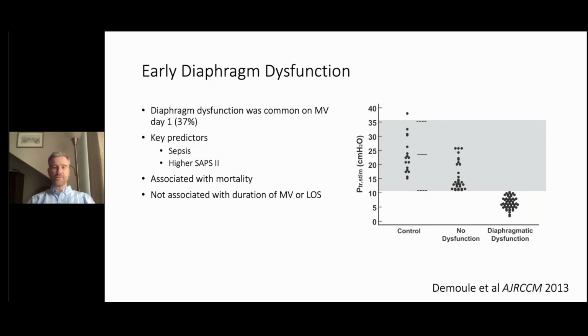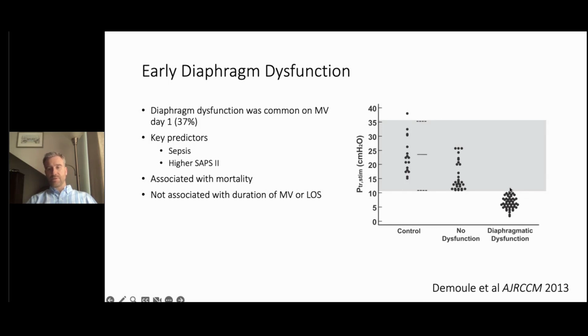What they found was that, compared to healthy controls, whose twitch tracheal stimulation pressure ranged anywhere between 15 and 37 centimeters of water, many patients had significantly reduced twitch tracheal stimulation pressure, less than 10 centimeters of water.